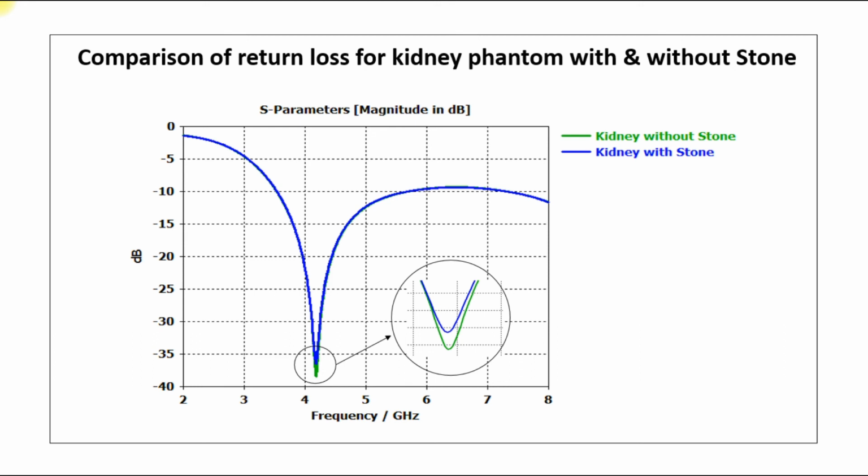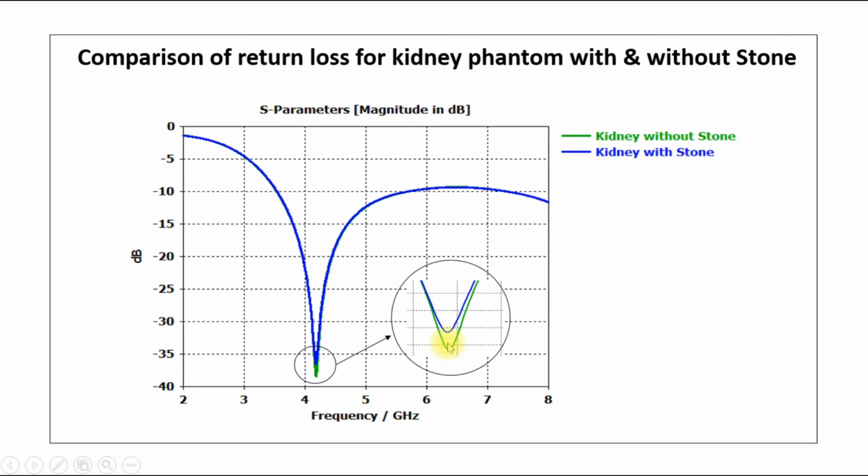When we analyze the reflection coefficient in these two conditions, I have highlighted this particular area in the circle and enlarged that portion. In this area we can clearly see that the return loss value, the y value, is lesser for a kidney with stone than for a kidney without stone.